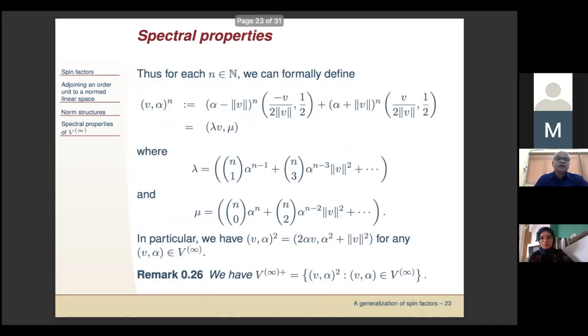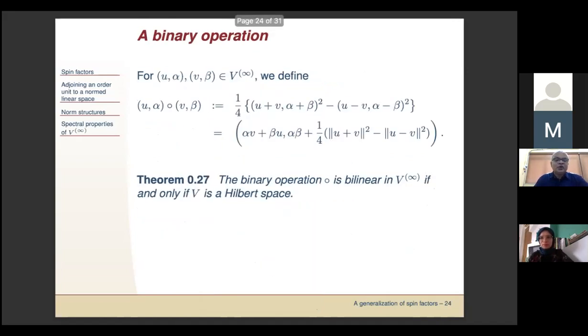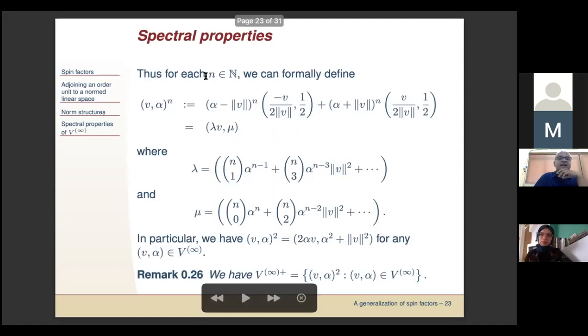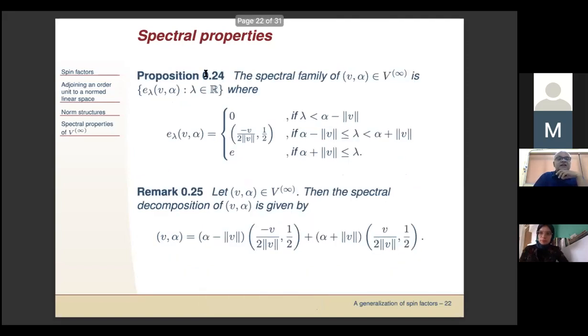Fine. So I think, just quickly, let me tell you another interesting result. Using these projections, we could introduce the spectral theory here, and every element will have a spectral decomposition.